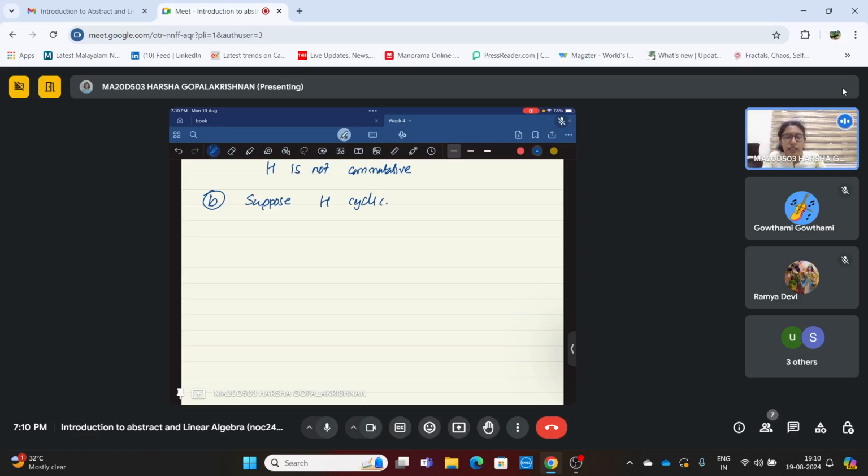There exists some A in H such that A generates the whole H. The generated set, that is the set of all A power n, n in Z, is equal to the whole H. In that case we will say H is a cyclic group.